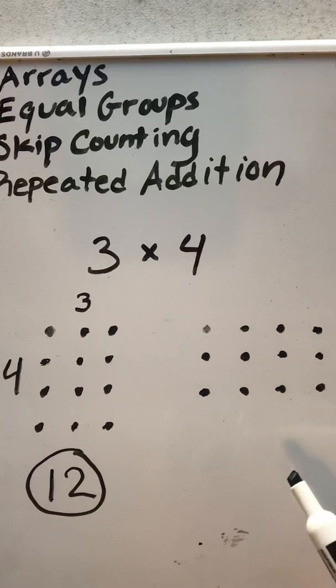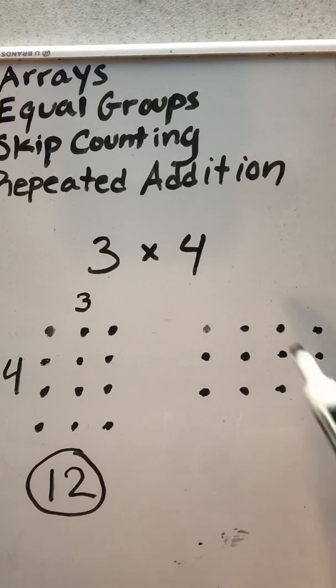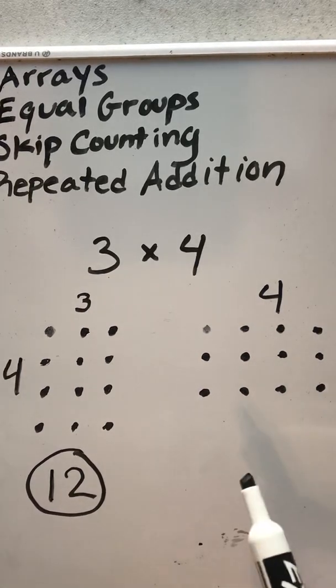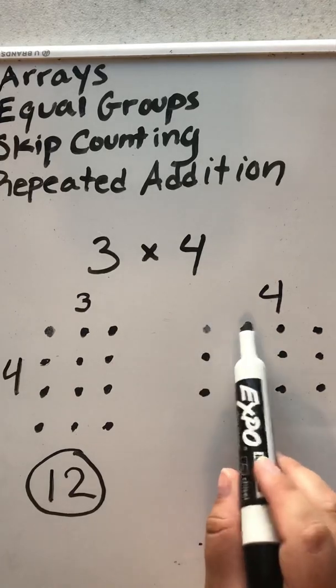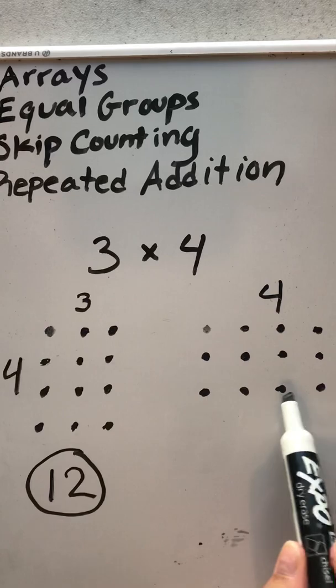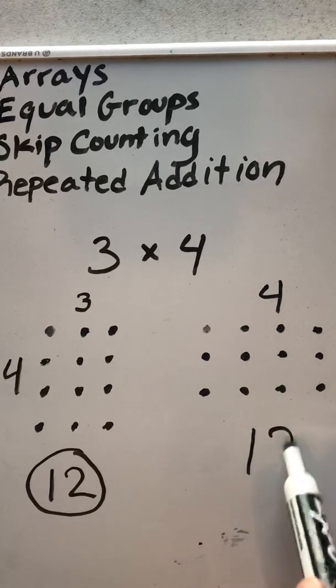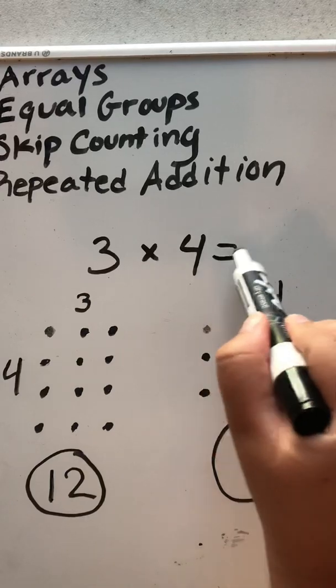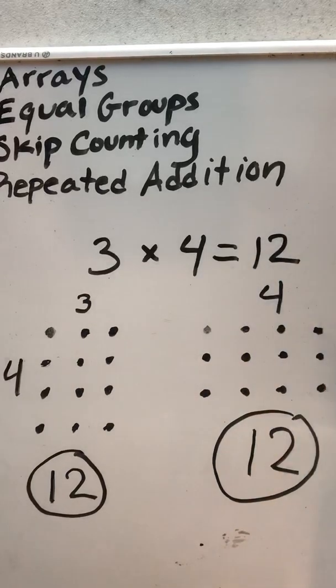Now this shows the same amount, just in a different way. Rows of 4, columns of 3. And if I count them up, 1 through 12, my total is still 12, because 3 times 4 equals 12.